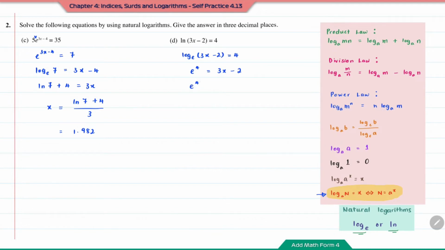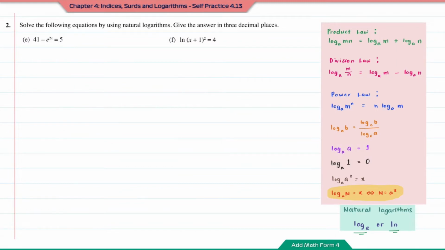Next, I'm going to move this negative 2 to the left hand side. Therefore, x is equal to e to the power of 4 plus 2, divided by 3. Solve this using your calculator and the answer is 18.866.